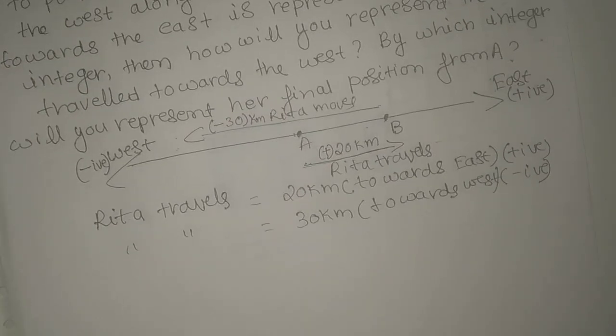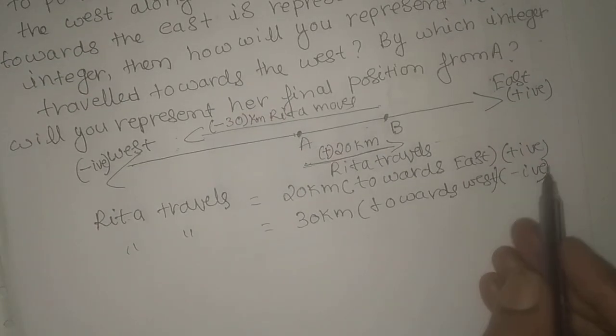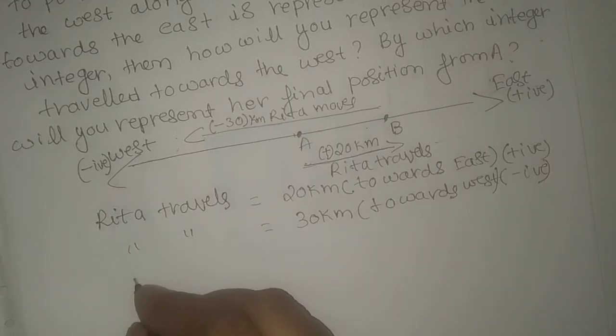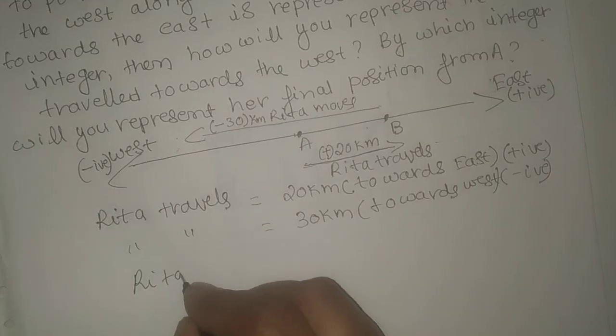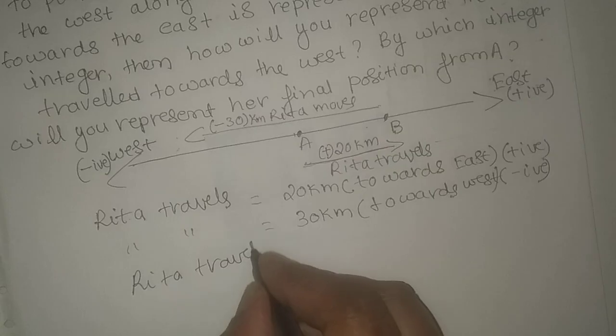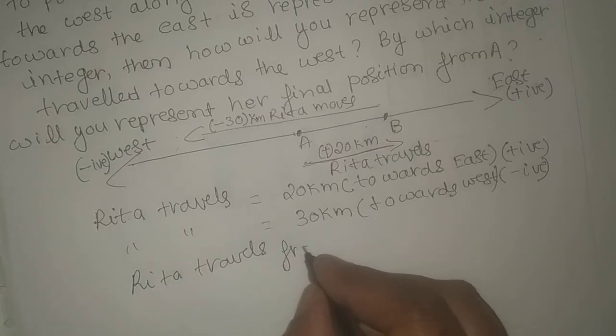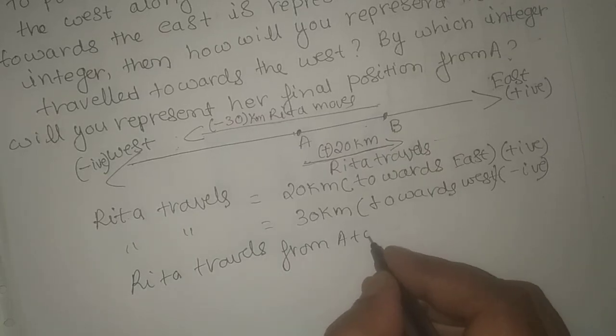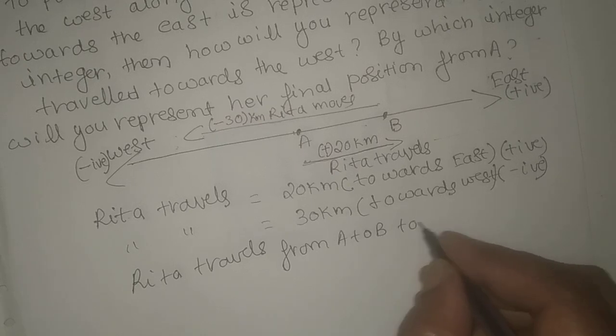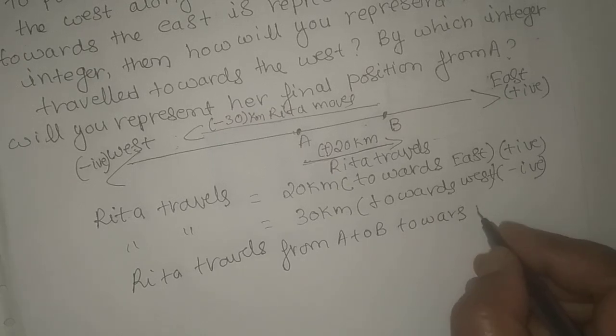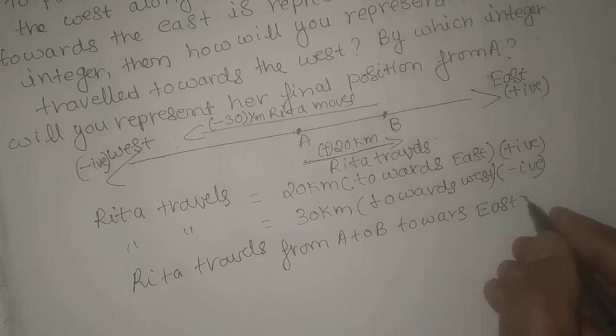So it is represented as positive, negative. Okay. Rita travels from A to B towards east, how much? 20 kilometers.